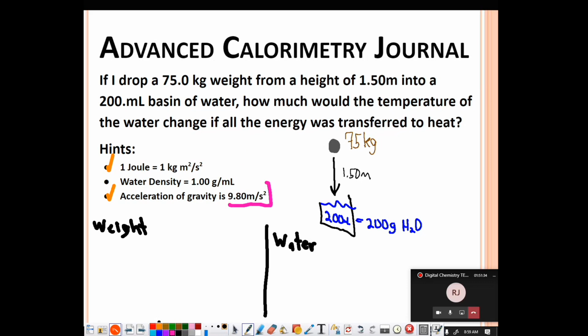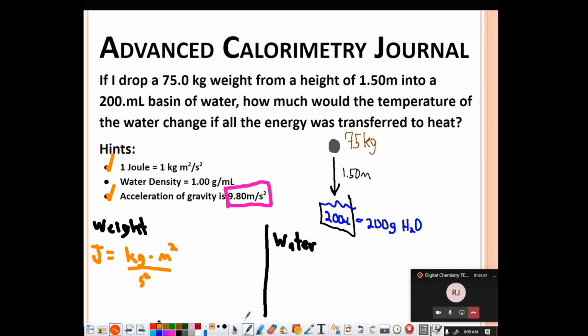I'm going to put this in a nice little pink box because I'm going to need this. Our definition of a joule is what is important to start. A joule is equal to kilogram times meter squared over second squared.